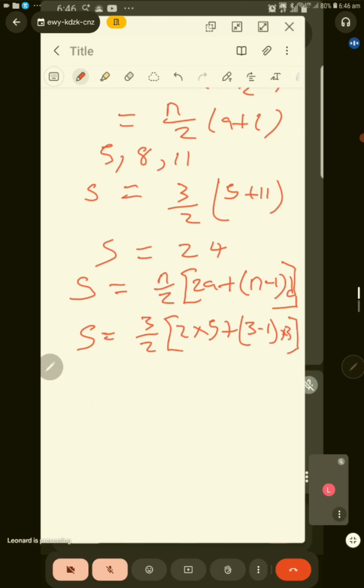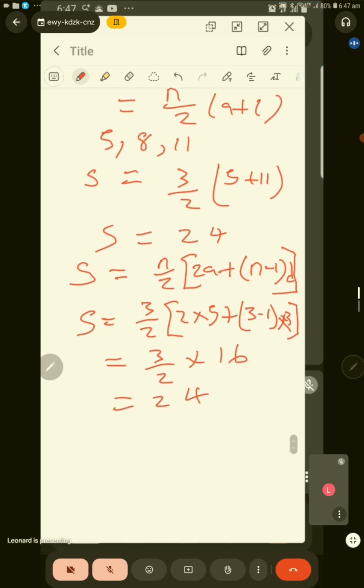If you look at it, 3 minus 1 is 2. 2 times 3 is 6. 6 plus 10 is 16. So that is times 16. That is just the same thing again. 16 divided by 2 is 8. 8 times 3 is 24. That is 24 again. So that is the use of that formula.